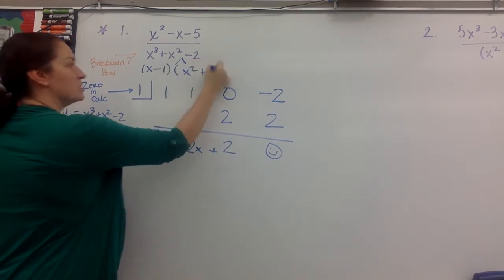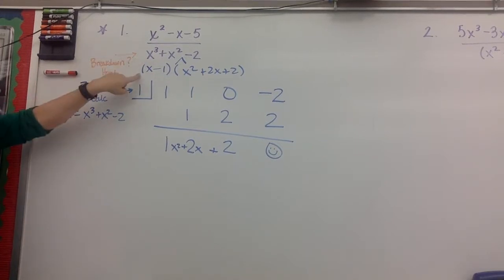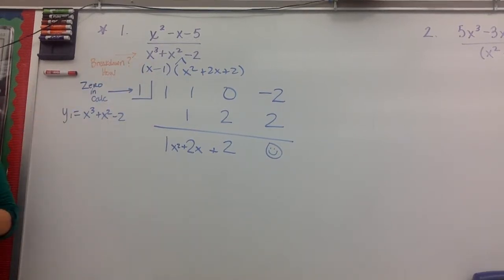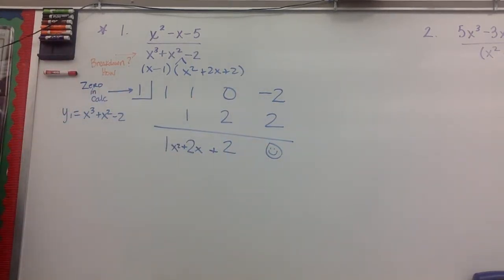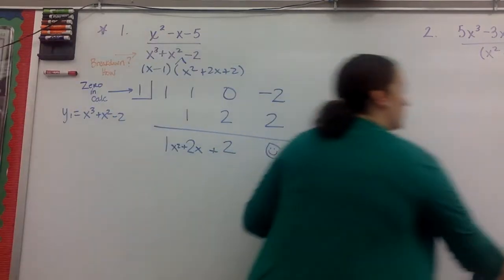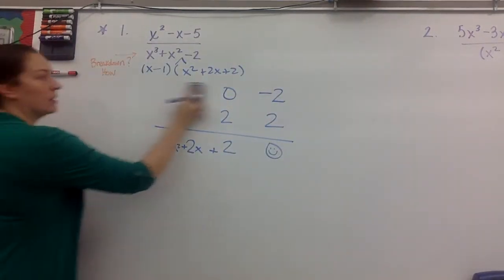So I've taken this purple denominator and turned it into a factored form. Does anyone have a question about that? Because I'm going to erase all of this so that it continues to move down. We're good? So rather than using traditional factoring, we're using the calculator 0 method.